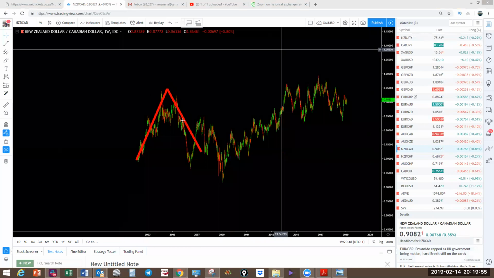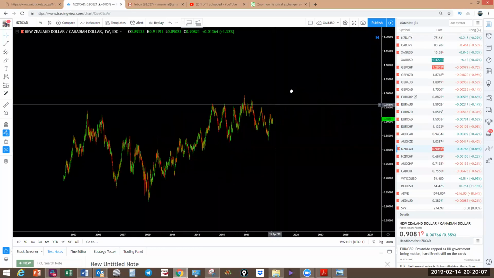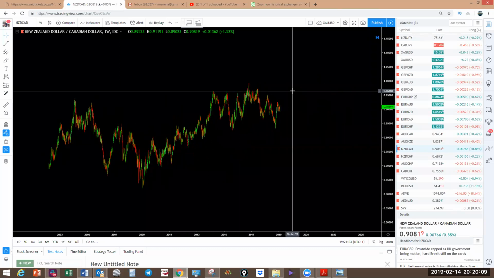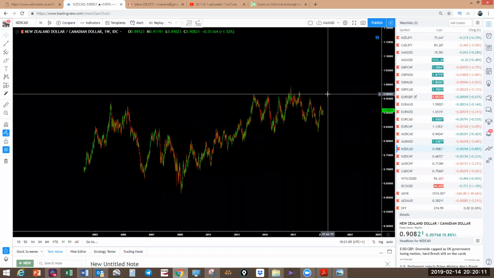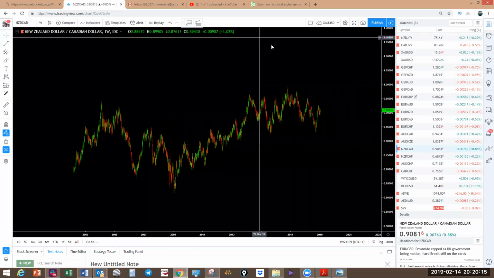I'm looking at this as a corrective structure. On the weekly. Right, so let's start. This is where the analysis starts now.